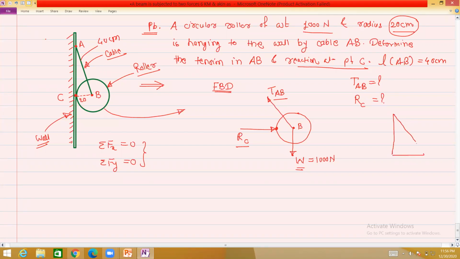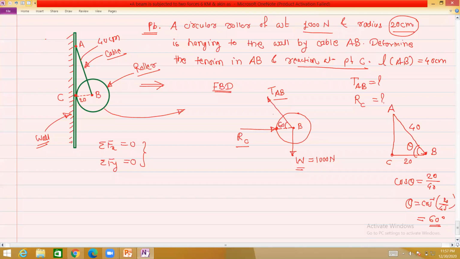So if you consider this as a right angle triangle, this is point B, this is A, and this will be point C. So this is 20, this is 40. So we want this angle. Let us say this is theta. So we can use cos theta because adjacent side and the hypotenuse are known. So adjacent is 20, hypotenuse is 40. So theta will be cos inverse 20 by 40. So it is 1 by 2. So that is equal to 60 degree. So this angle is 60.